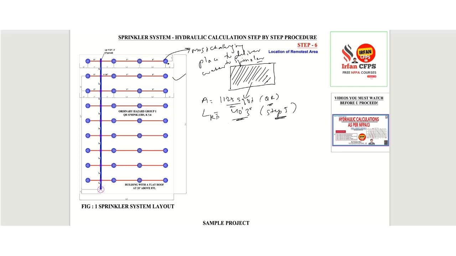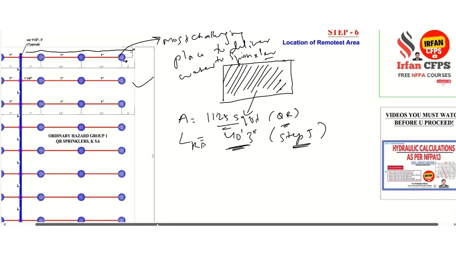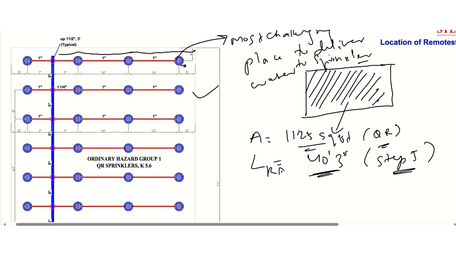So we need to consider the length of the remotest area from the far corner of the building. This is the farthest corner of the building. From here we need to check the dimension so that it should be 40 feet 3 inch. For example, I will just zoom in a little bit.